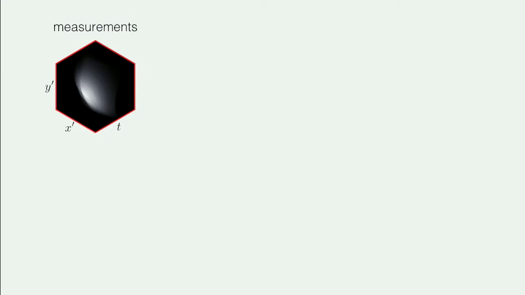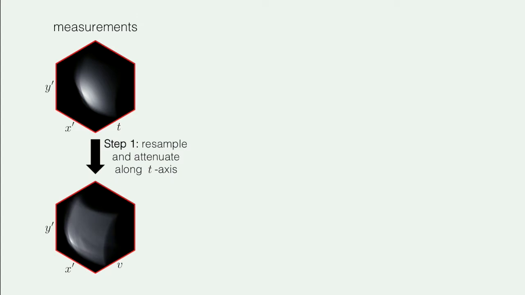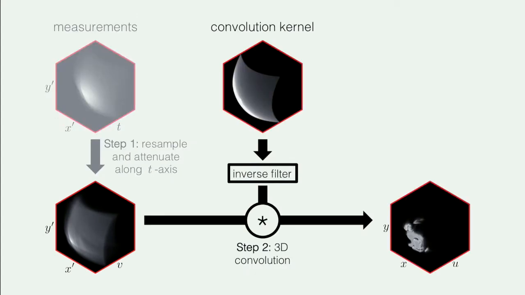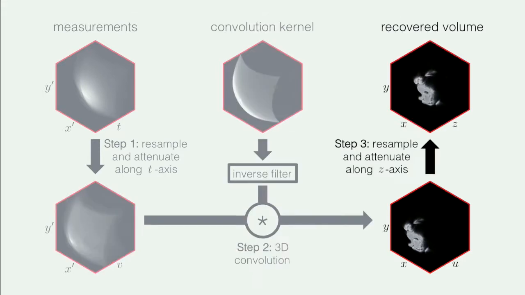So the basic idea is we take our 3D measurements of these transient images. We perform the change of variables. It's a little transform. We do an inverse filter by dividing through the 3D optical transfer function of this hypercone, and then we get our bunny back at the end. And we can do all of that very efficiently in hardware.